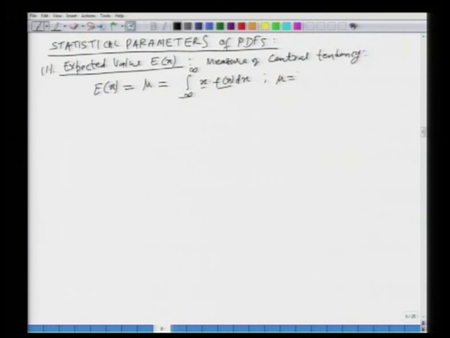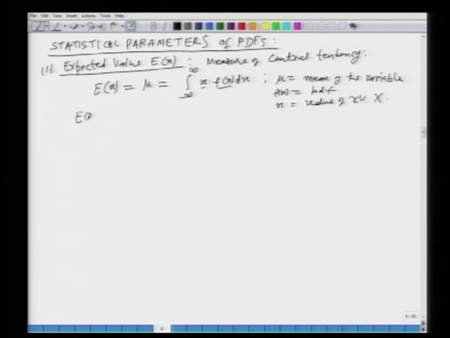This mu is nothing but the mean of the variable, f of x is of course your PDF, and x is the value of your RV capital X. Okay.